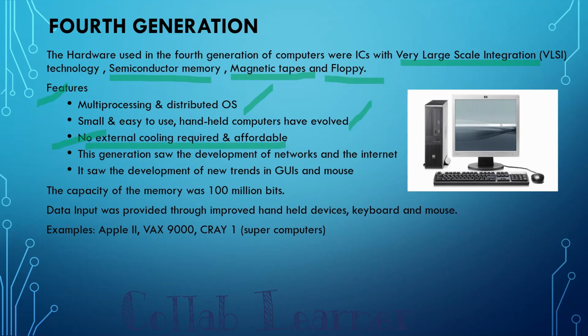This generation was the first to see development in networking and the internet, and the first generation where GUI and mouse were used. The capacity of the storage was in MBs. It used like 100 MBs. After that, data input was provided by devices like keyboards and mouse. Some examples were Apple II, then VAX 9000, Cray 1. These were the supercomputers that evolved during this time.